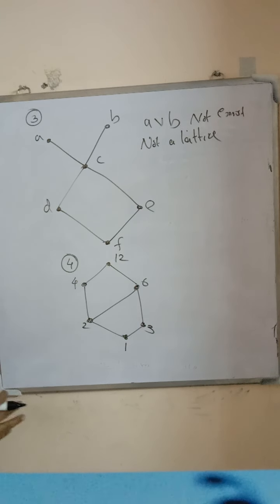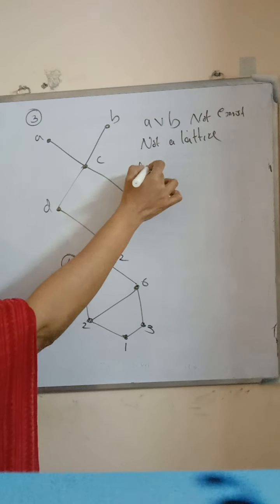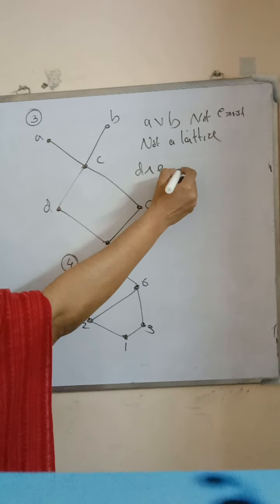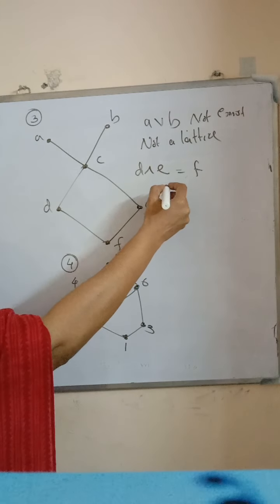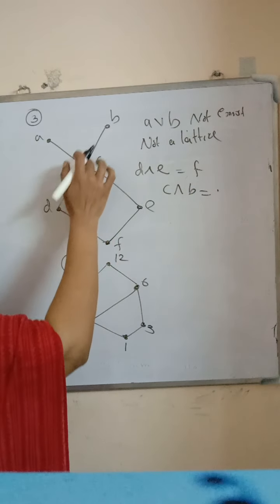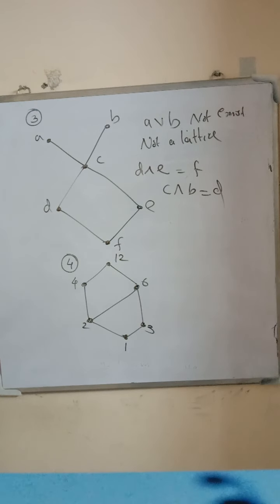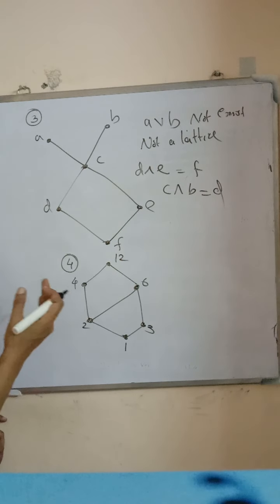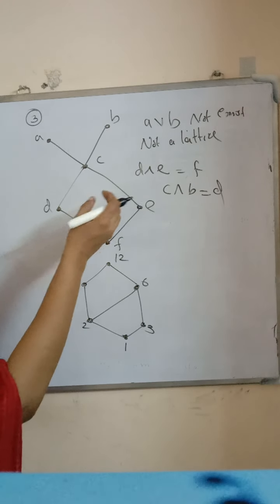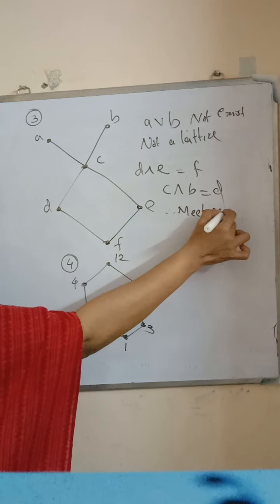Is it a meet semilattice? Definitely it's a meet semilattice. If we consider any pair of elements, D meet E is F and C meet B is D. Similarly, for any pair of elements we get a greatest lower bound. Therefore, this is a meet semilattice.